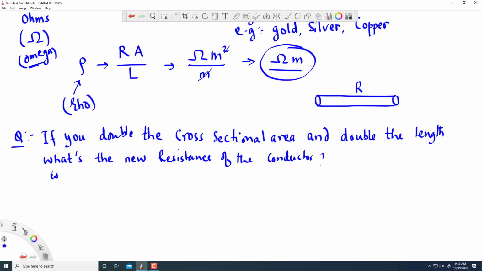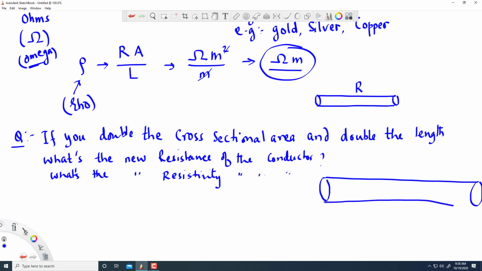Also, what's the new resistivity? So you double the cross section as well as double the length. So you have now 2L. Here you have L, and the area is A. Here you have 2L length, and this cross section is 2A.